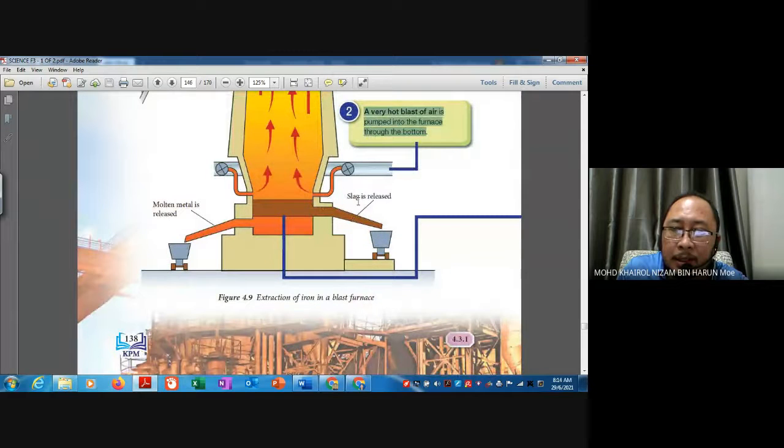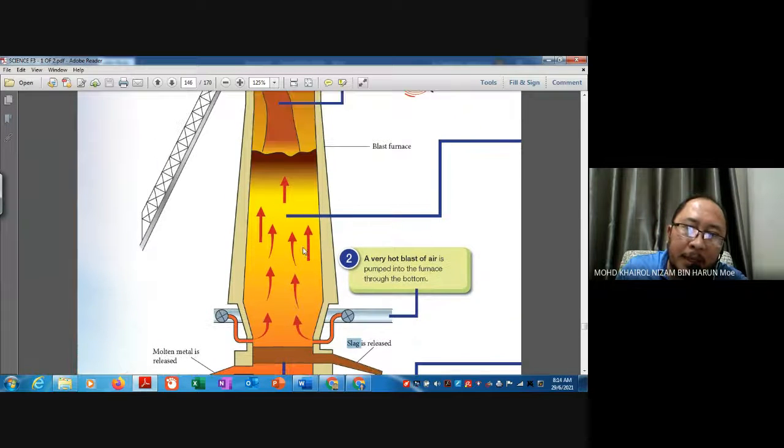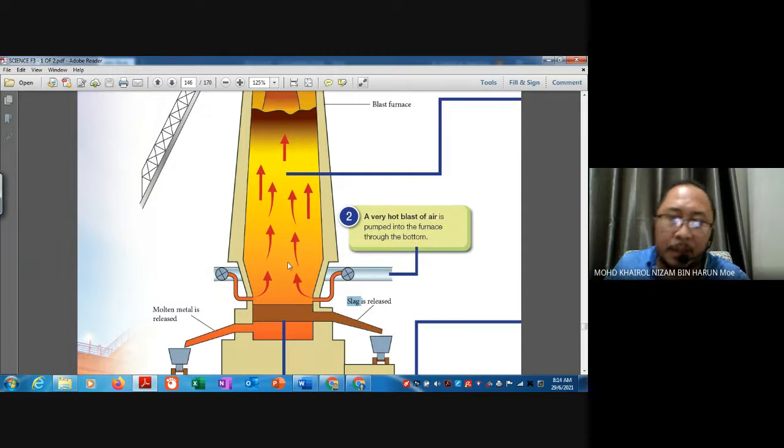Okay, slag. We can say this is the impurities. Inside the iron ore, for example, we can extract iron, and besides iron, the iron ore consists of a lot of other elements and other impurities.